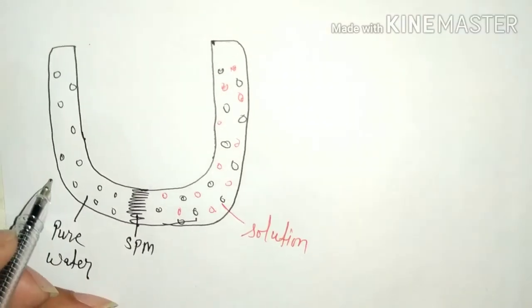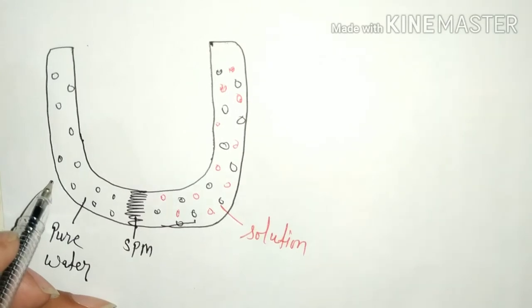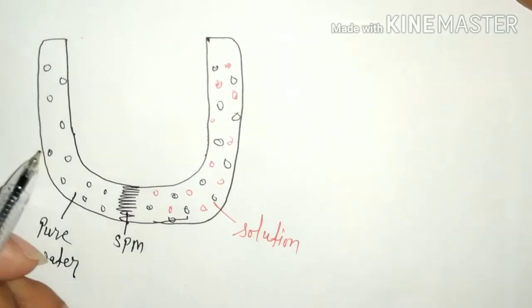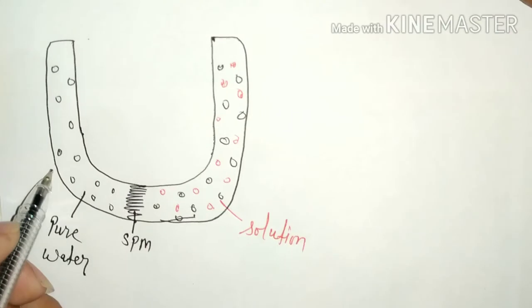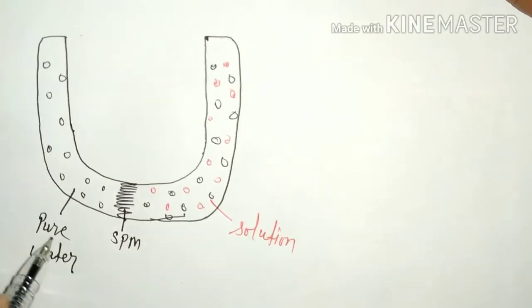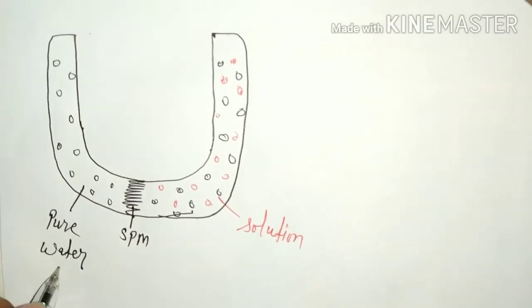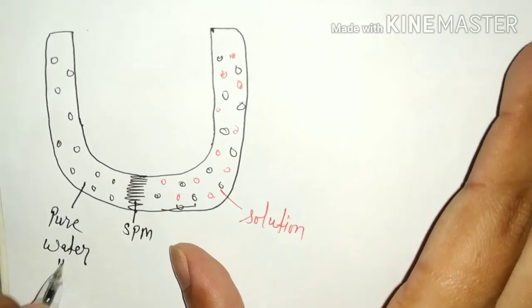It means it has high kinetic energy. Due to this, diffusion pressure is high.